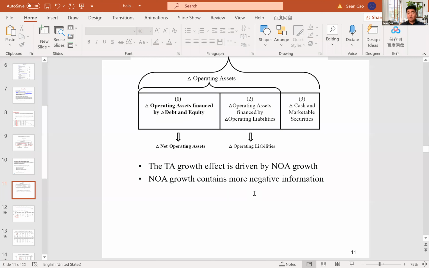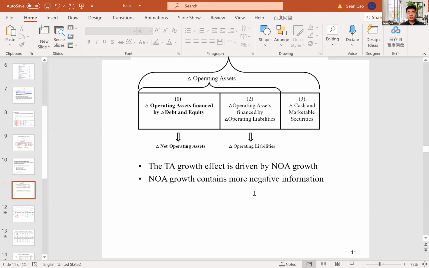We think the NOA growth will be associated with future negative returns more than total asset growth. The reason is that the NOA growth is financed by shareholders and the bond market, so it's purely bad growth. Total asset growth contains both good growth and bad growth.